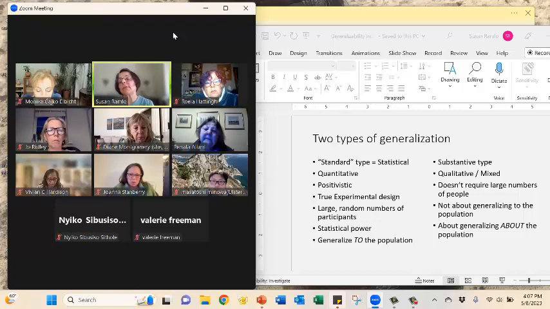The other kind of generalizability is substantive generalizability. This fits in more with qualitative and mixed, although qualitative researchers, if you read the article, talk a lot. There's like a gazillion different ideas of generalization, some with 5 or 6 different types.